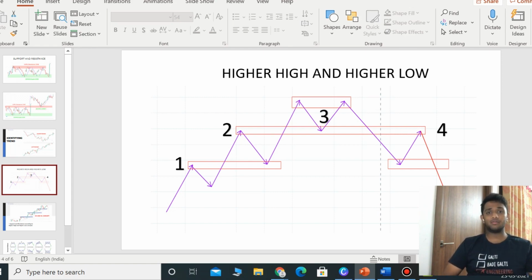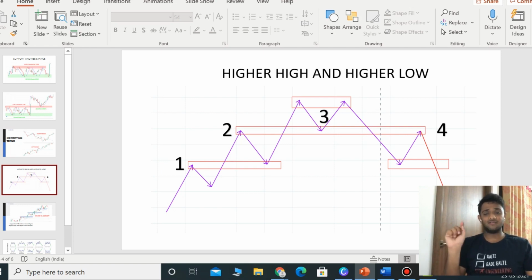It stops at the previous resistance found. That resistance becomes support. That is when the price comes from 2 to 1, finds support, and then goes up. When 1 finds support and it crosses 2, it reaches 3.